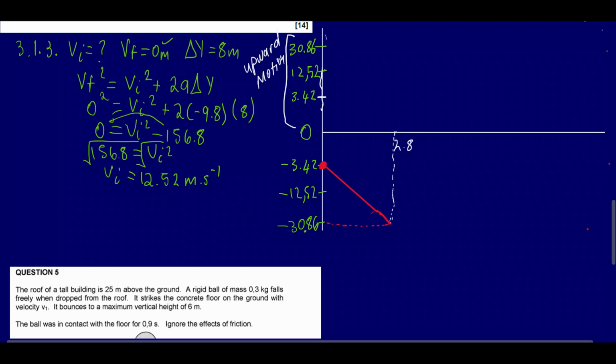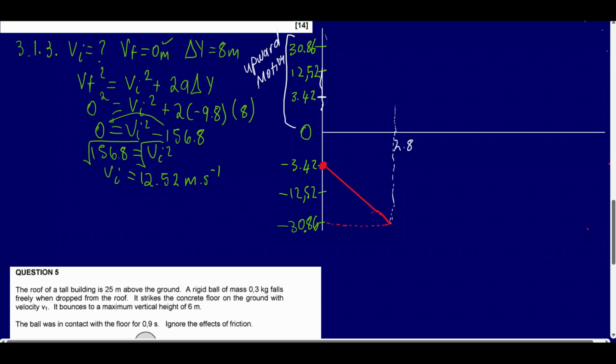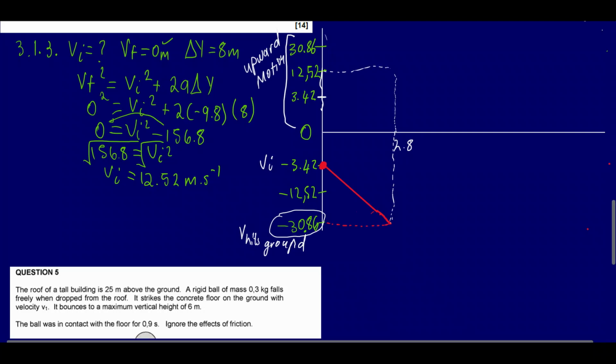We should just indicate the dotted lines all the way up, right? So what is the velocity that it's going to leave with? Remember, this is the hitting velocity. It's going to hit the ground with this. So it starts with this. This is the VI, the velocity it hits the ground with. Do you see that?